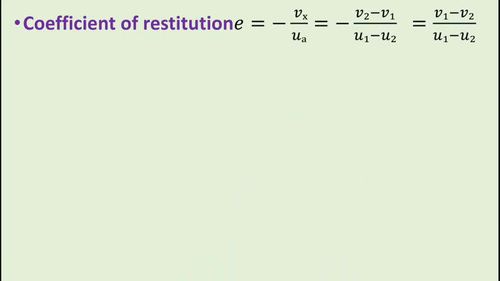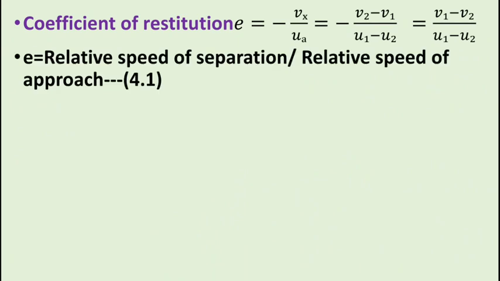Therefore, coefficient of restitution E is equal to minus vs upon ua is equal to minus (v2 minus v1) upon (u1 minus u2) is equal to (v2 minus v1) upon (u2 minus u1). Therefore, E is equal to relative velocity of separation divided by relative velocity of approach, as equation 4.1.